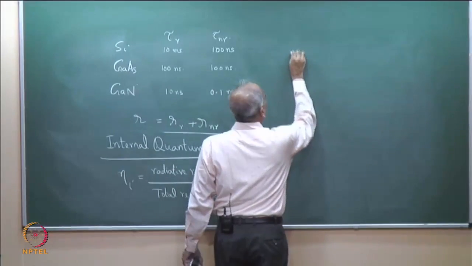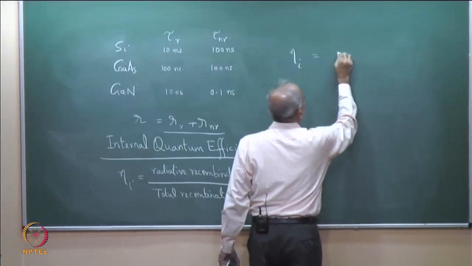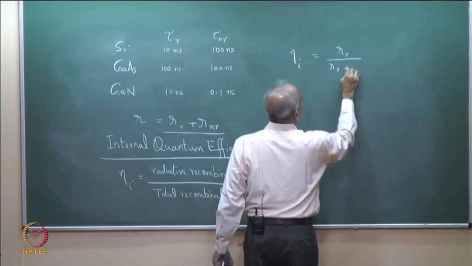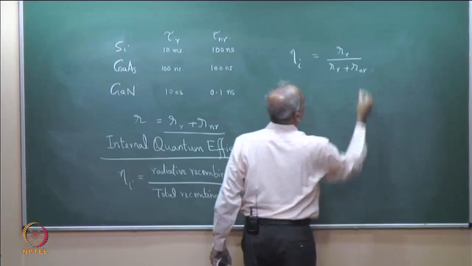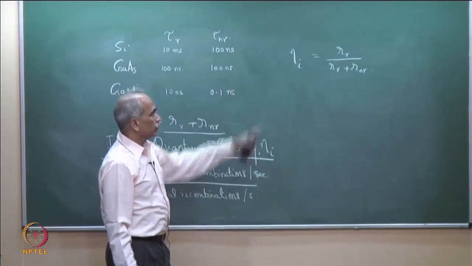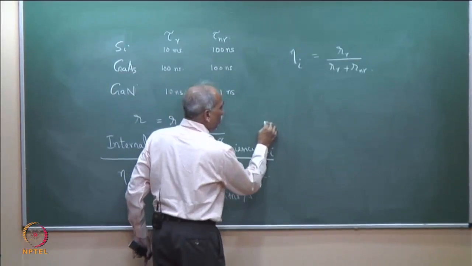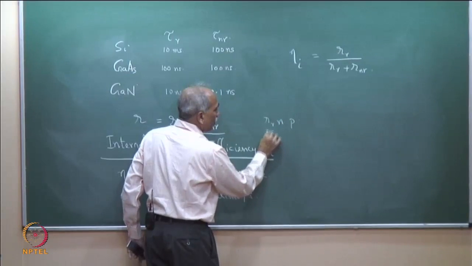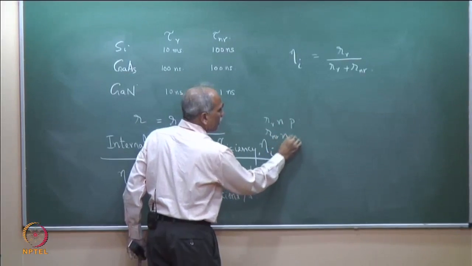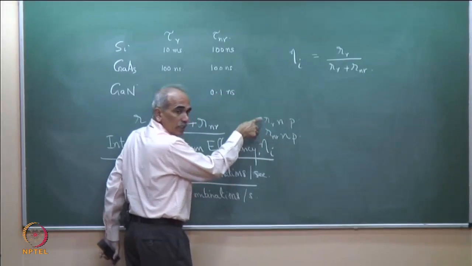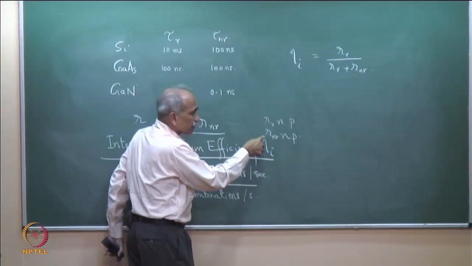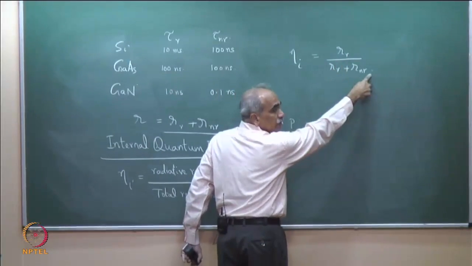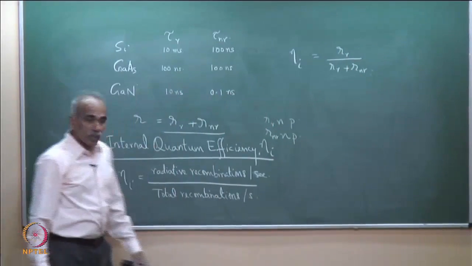That means eta I is equal to RR divided by RR plus RNR. You agree? Because radiative recombinations were RR into N into P, non-radiative recombinations were RNR into N into P. Therefore, total is RR N P plus RNR N P. So NP is common in all the places, therefore this is the ratio.